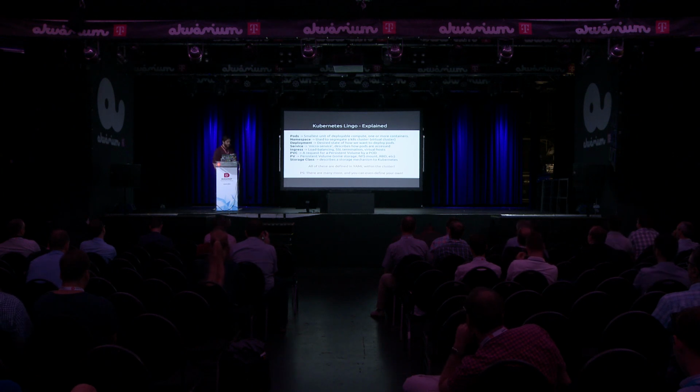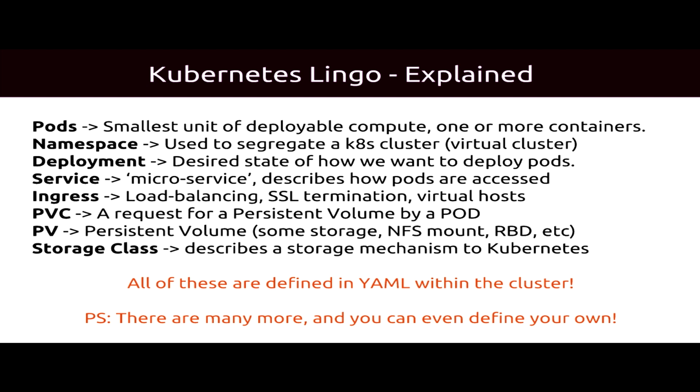A deployment is basically a way of describing, okay, I have these sets of pods and I want them to run this many times with these ports, using this particular volume for storage, etc. And these are what basically enforce the state. So based on deployments and what used to be called replica sets, Kubernetes will enforce a certain level of containers running.